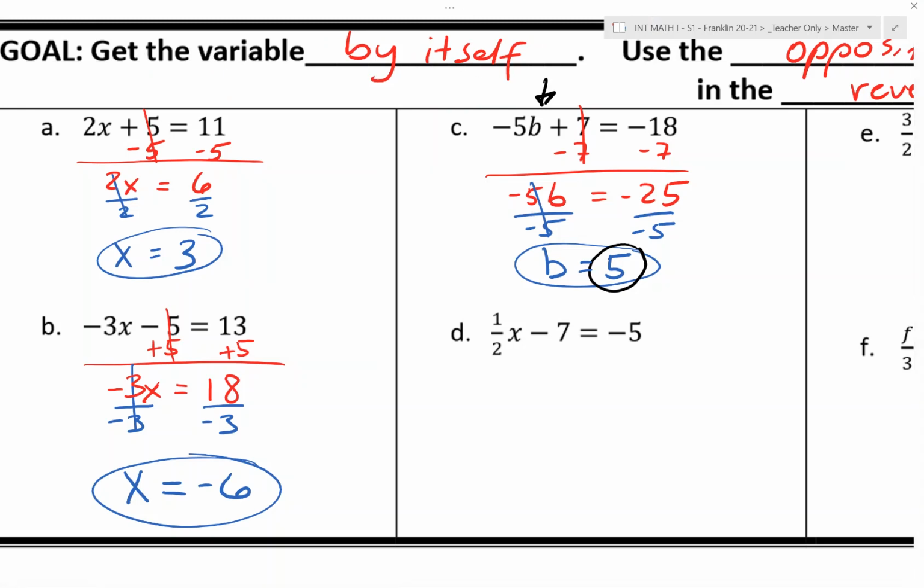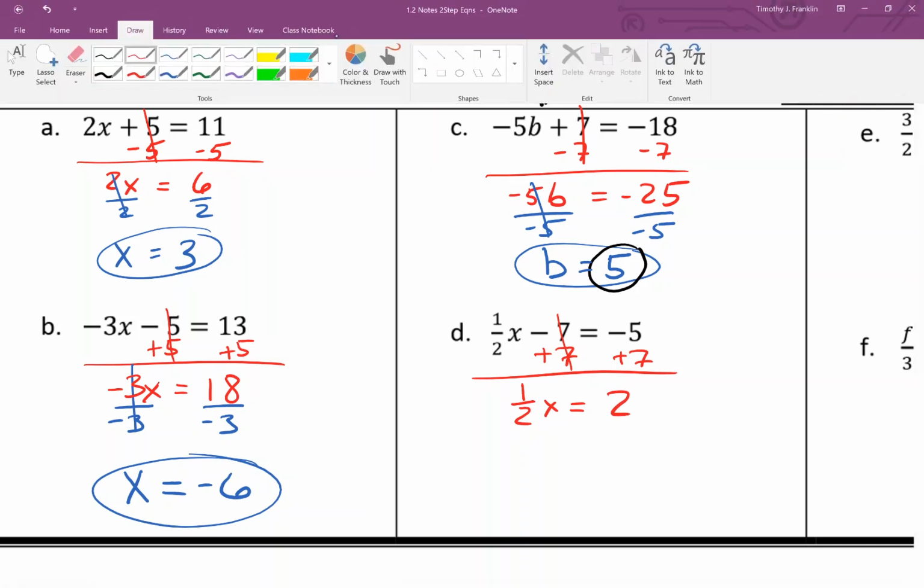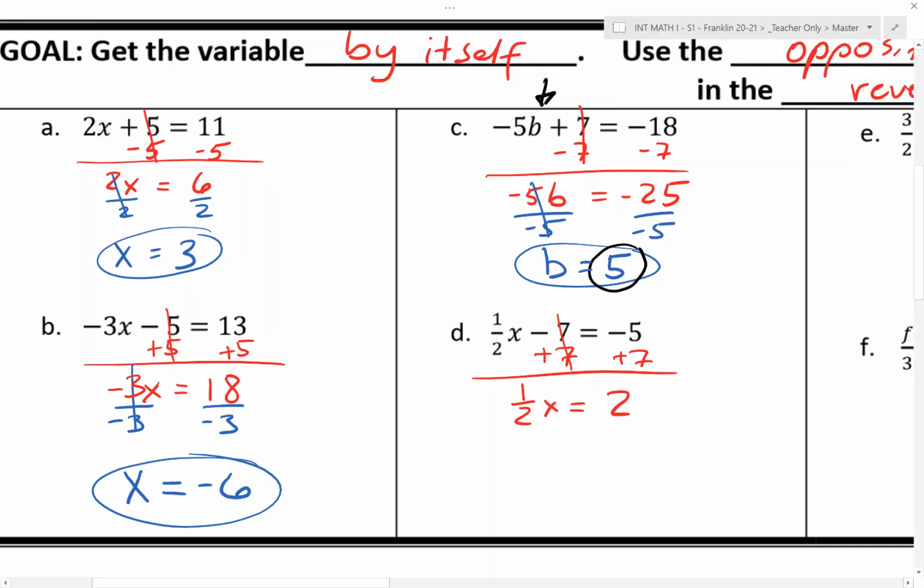Okay, so for example D, we have a fraction, but don't worry. We learned how to do that with one-step equations. So the first step is the same. Get rid of the 7. It's being subtracted, so we have to add, do the opposite. So now 1/2 x equals 2, positive 2. And remember, to divide by this fraction, we have to multiply by the reciprocal.